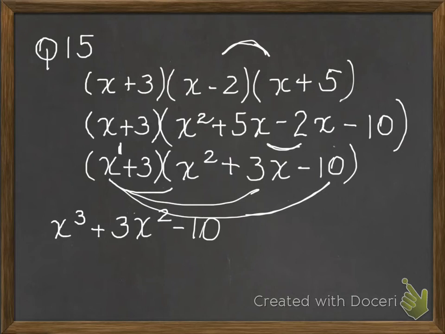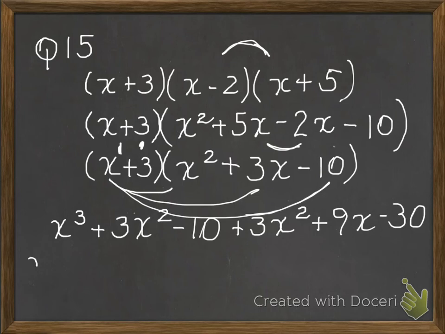Moving on to the 3 here in the first parentheses, multiplied by each of the terms in turn in the second set of parentheses. 3 times x squared is 3x squared. 3 times 3x is 9x. And 3 times minus 10 is minus 30.